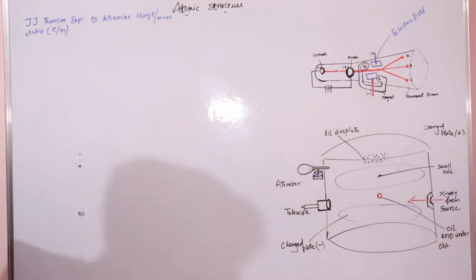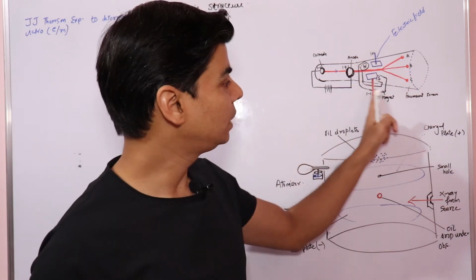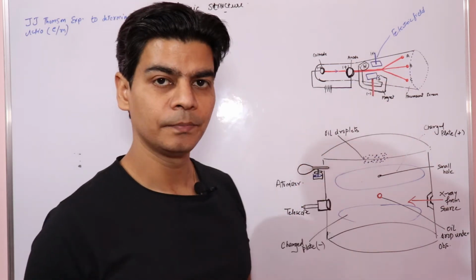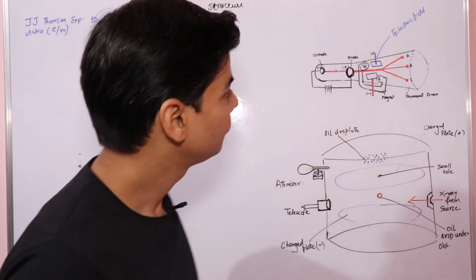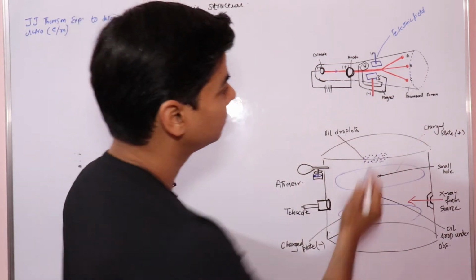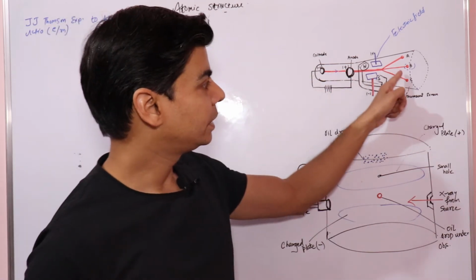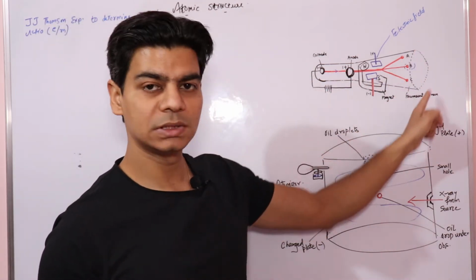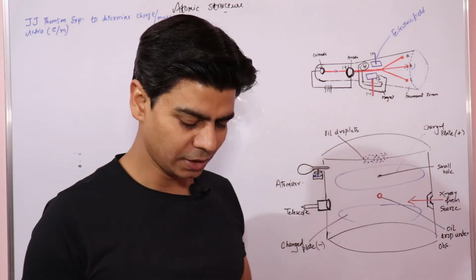Now we'll take three cases. First is when only the electric field is there, second when only the magnetic field is there, and third when there is no electric and magnetic field, right. These are three points A, B and C. The cathode rays will strike the fluorescent screen at point B when no electric and magnetic field is applied.